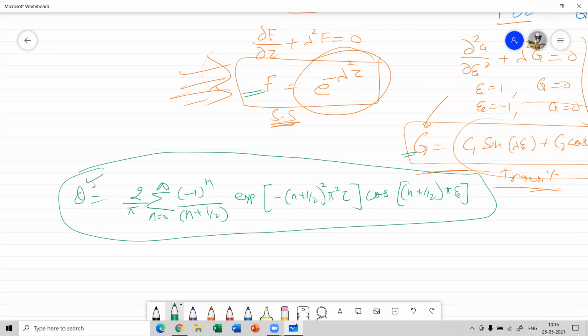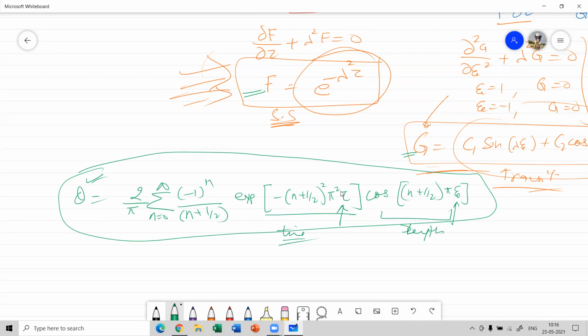Now you can see theta is a function of tau and theta is a function of zeta. That is, theta is a function of the time term and of the dimension, the length term.